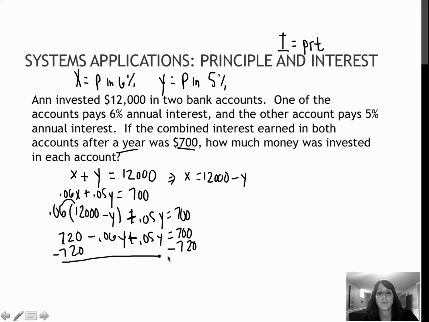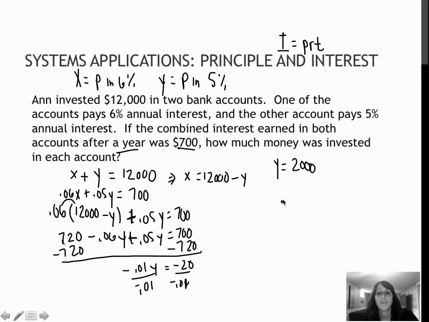which gives me negative 20 on this side. And on this side, if I combine negative 0.06 and 0.05, I get negative 0.01y. If I divide by that value, I get that y equals $2,000. Now I know that I'm looking for the amount in each account that adds up to 12,000.